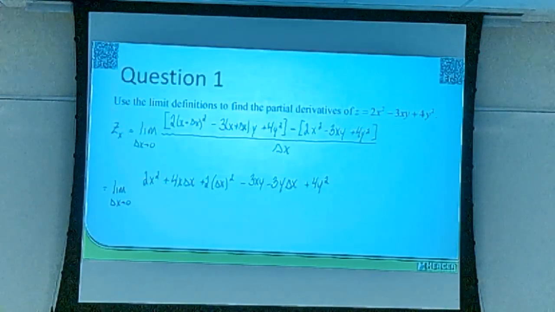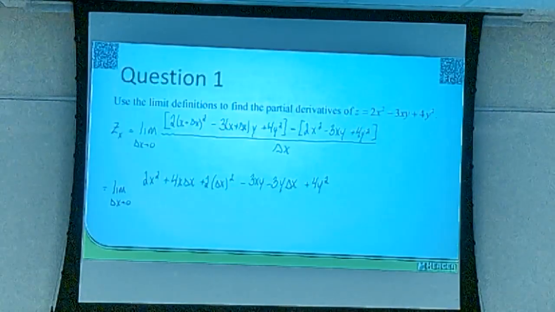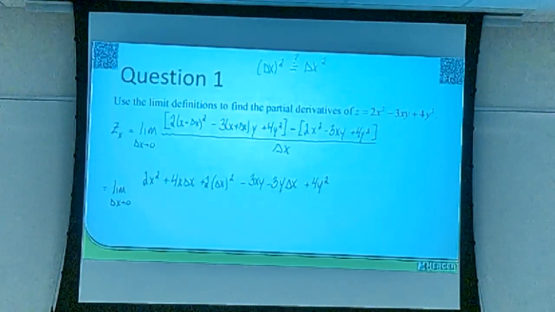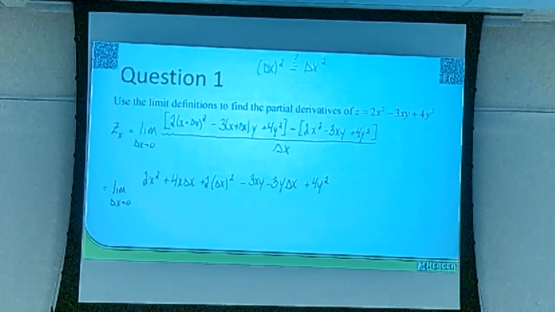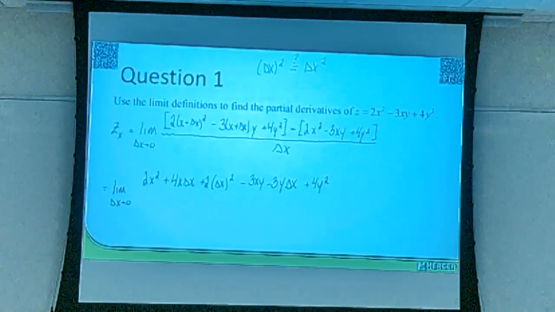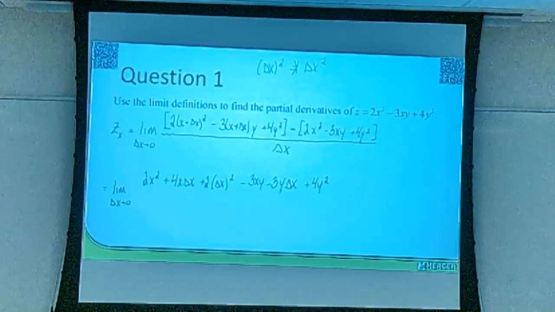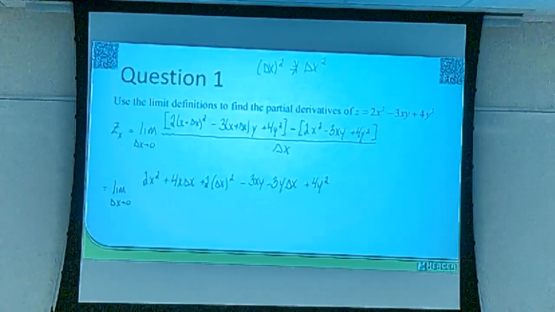Now, comment on notation. Are they the same? Nope. What's the left-hand side saying? Both terms are squared, and the other one is saying just that it's squared.